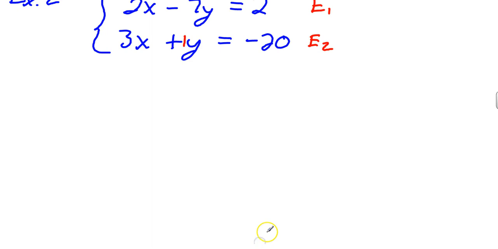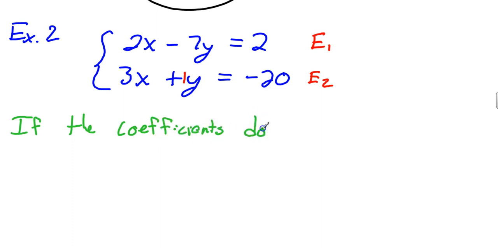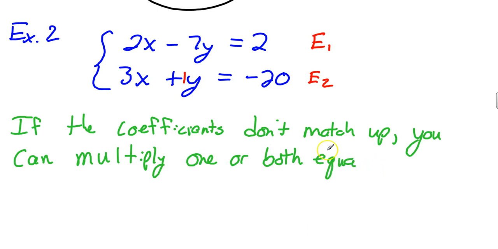So here's what you have to do. Here's where you can add in one of these. If the numbers don't exactly match up, let's just say it this way: if the coefficients, which may not be a technical term, don't match up, you can multiply one or both equations by any non-zero number.